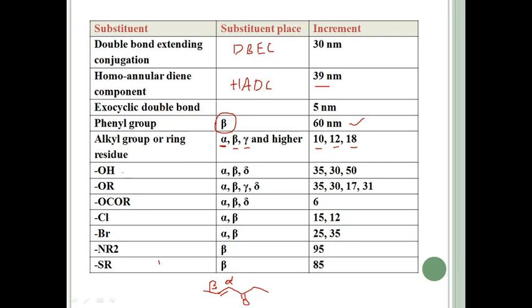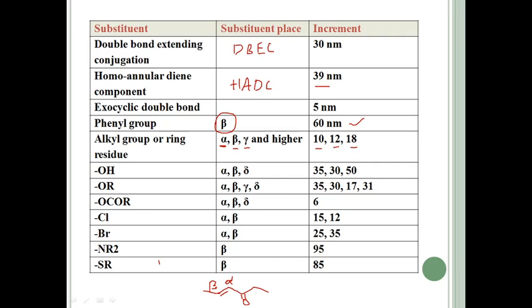Now see the next substituent, OH. If OH is acting as a substituent at alpha position, then you have to give 35 nanometer increment. If OH is located at beta, then you have to give 30 nanometer.